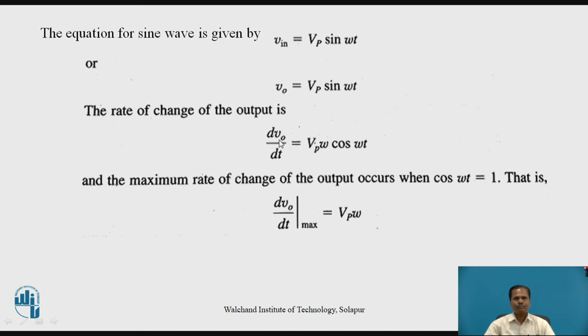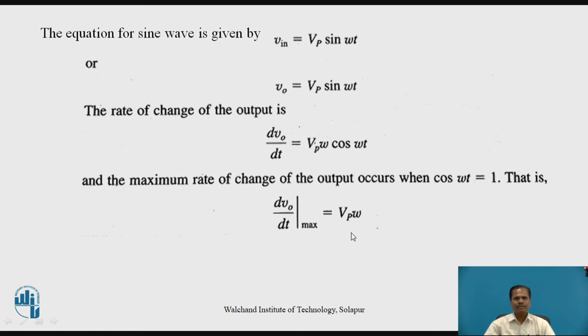So the derivative of output voltage with respect to time is equal to Vp omega cos omega t. So the derivative of sine omega t is cos omega t, and let us consider the maximum rate of change of output voltage. That will occur when cos omega t is equal to 1.